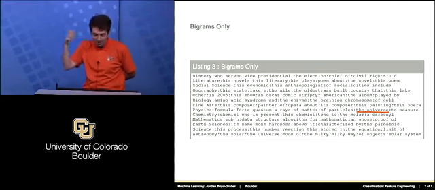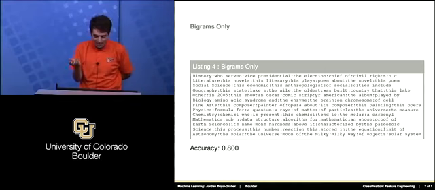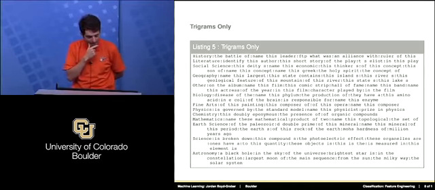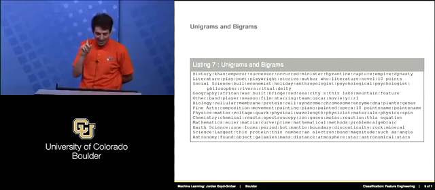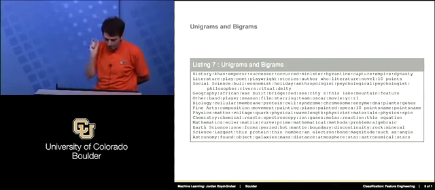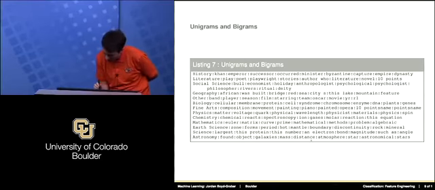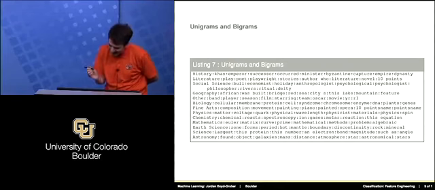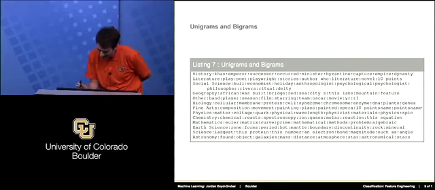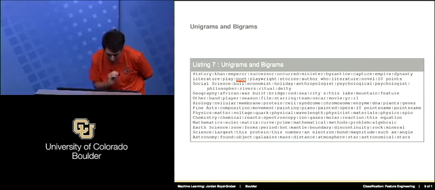Individual words? Yeah, individual words. So the accuracy goes up a little bit, but if we add in both individual words and bigrams, universe went away for some reason, but there are other things that used to have the, the poet used to have an article.